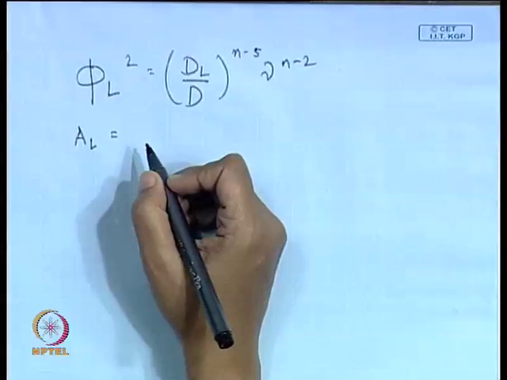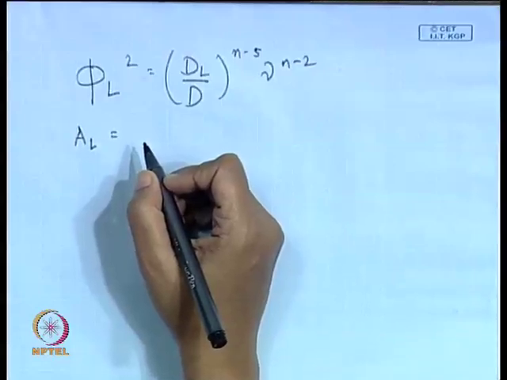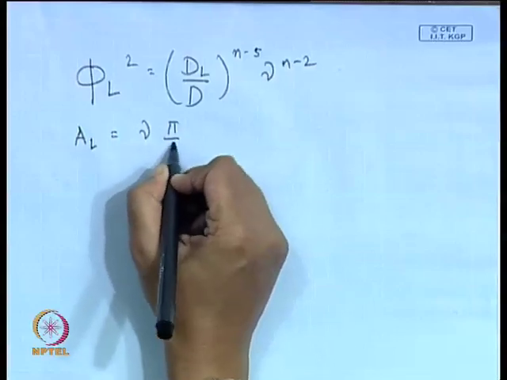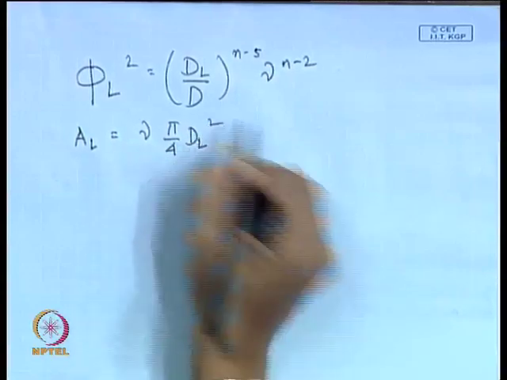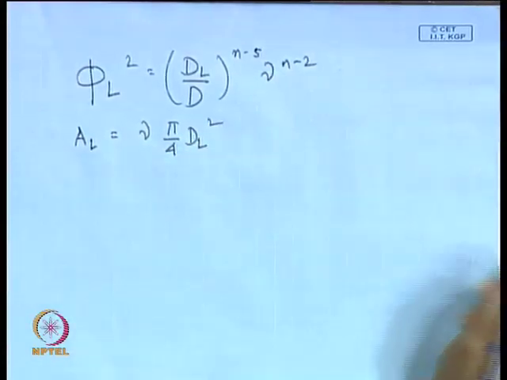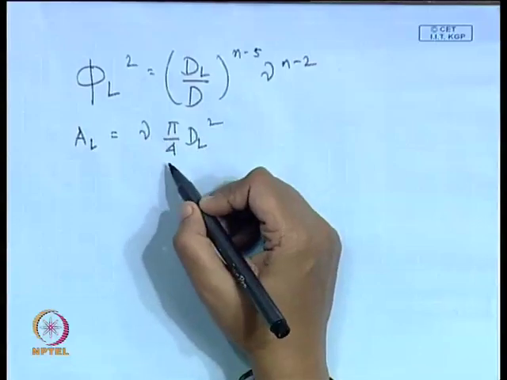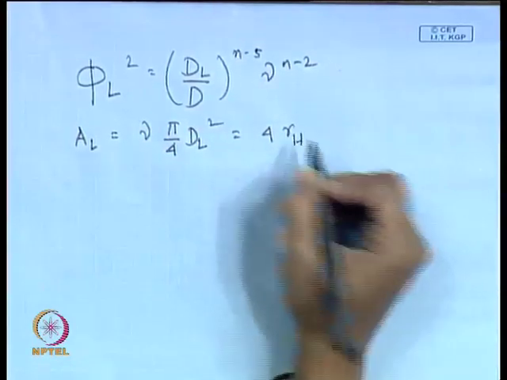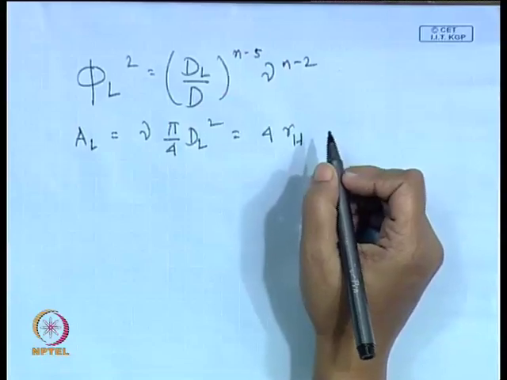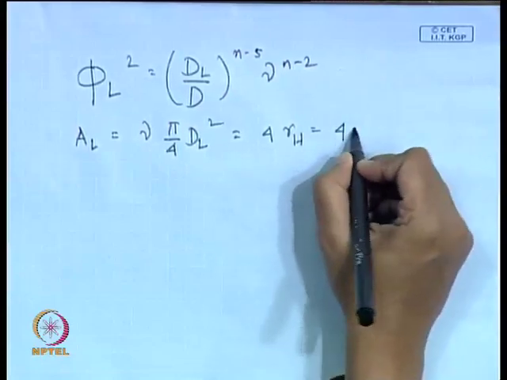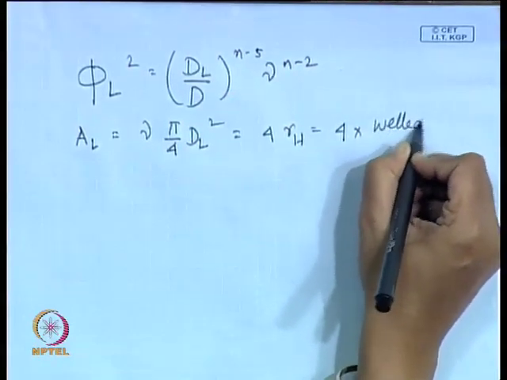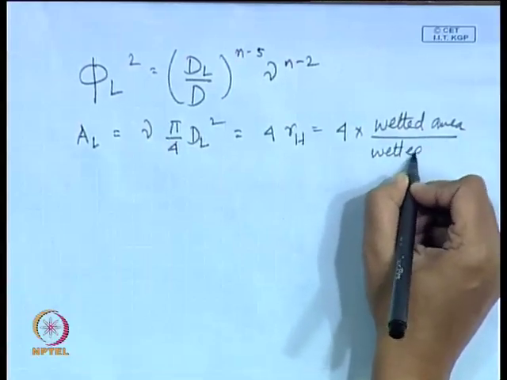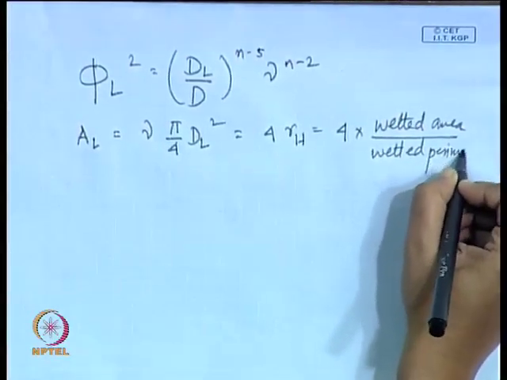The cross sectional area of the liquid occupied portion of the pipe. It is naturally gamma pi by 4 d square. Agreed? For d L, it is the hydraulic diameter, which is nothing but 4 R h, where R h is the hydraulic radius. You remember it very well, it is the wetted area divided by the wetted perimeter, is it not?